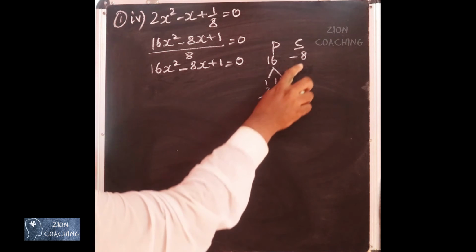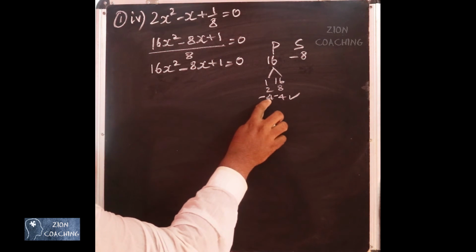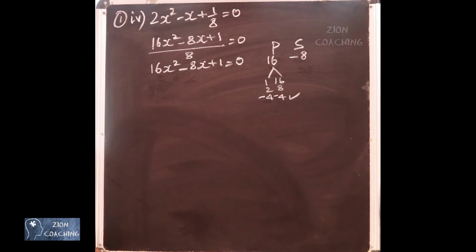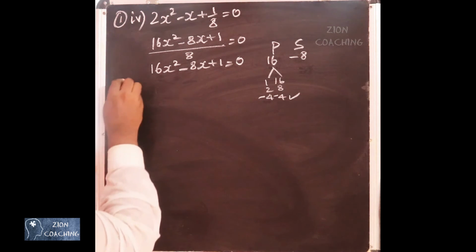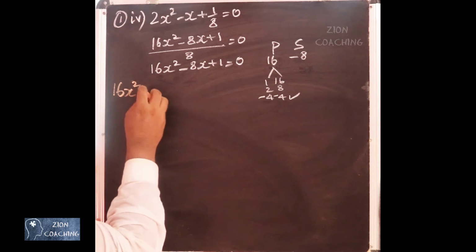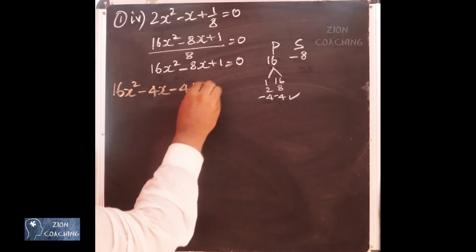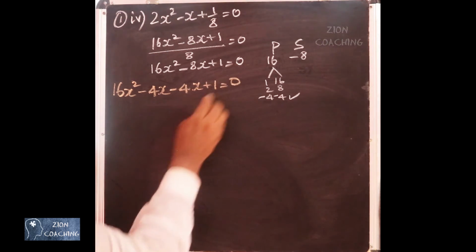Minus 4 minus 4 is going to be minus 8. Minus 4 into minus 4 will be 16. So the given equation can be written as 16x squared minus 4x minus 4x plus 1 equal to 0.